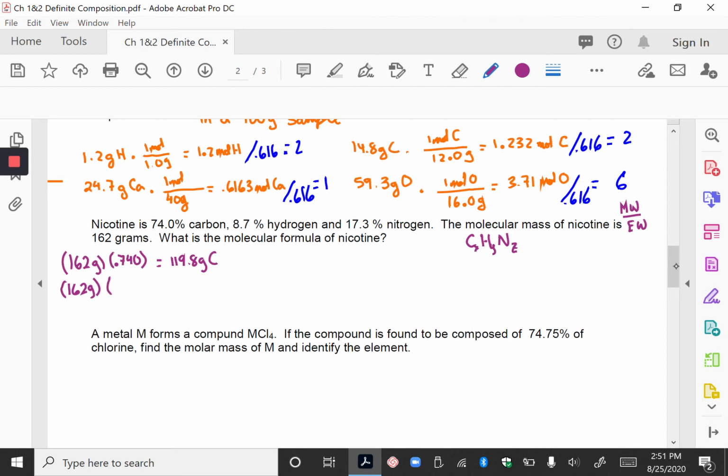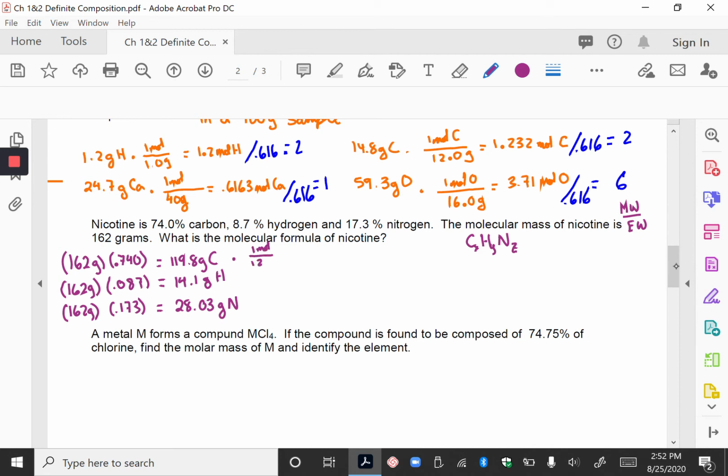It's 8.7%, so that's 0.087. So this gives me 14.1 grams of hydrogen. And the same thing for the nitrogen. It is 17.3%, so 0.173. And this gives me 28.03 grams of nitrogen.